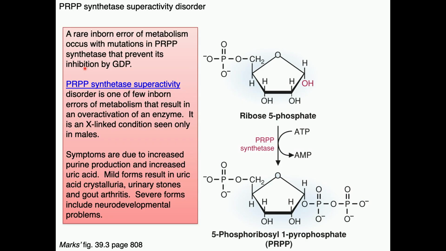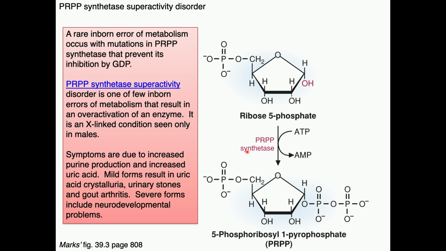The PRPP synthetase enzyme is normally allosterically inhibited by ADP and GDP. So the diphosphate products of the purine nucleotide synthesis are inhibiting the activity of PRPP synthetase. So this is an example of feedback inhibition of the nucleotide biosynthesis pathway.